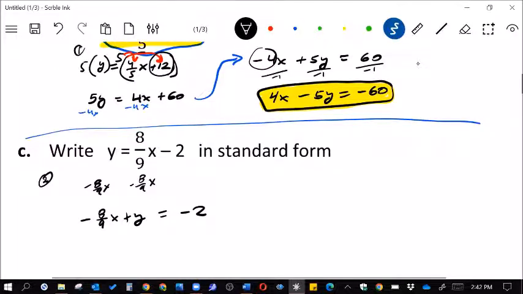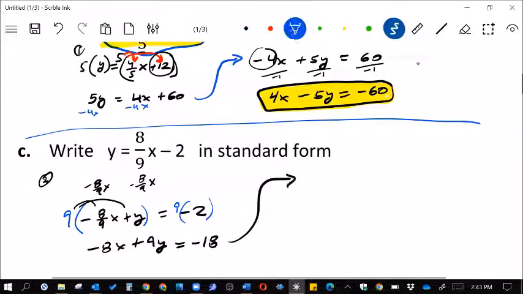Now at this point, I'm going to multiply both sides by 9. I could choose to multiply by -9 so I get rid of the negative, or I can do it as a separate step afterwards. Right now, I think I'm going to leave it this way. So 9 times -8 over 9 means I'll have -8x. And then the 9 goes into both of these things, so it'll be 9y. And over here, -18.